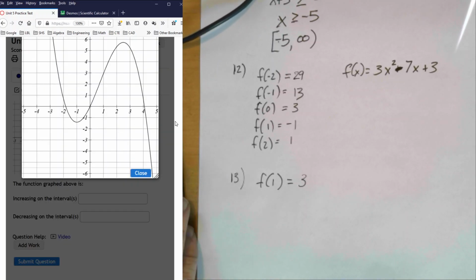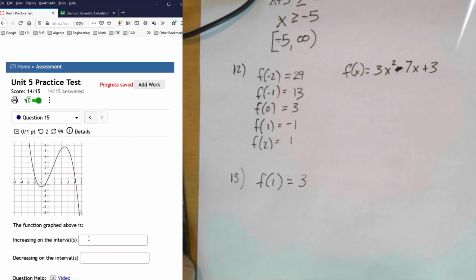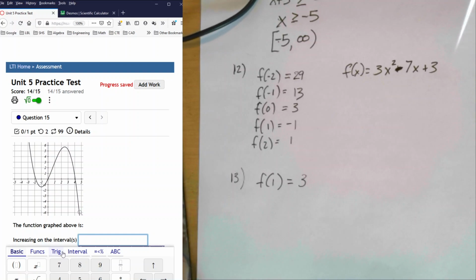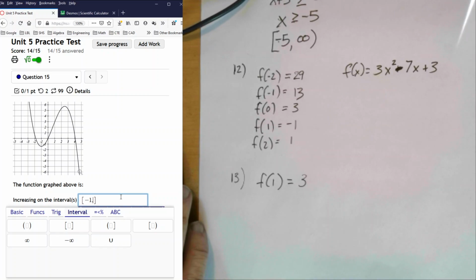From -1, it's increasing all the way up to 2.5. So those would be my x values. It's going from -1 to 2.5. And it goes through those points, so they're going to be closed brackets. So this is from the interval, -1 to 2.5.